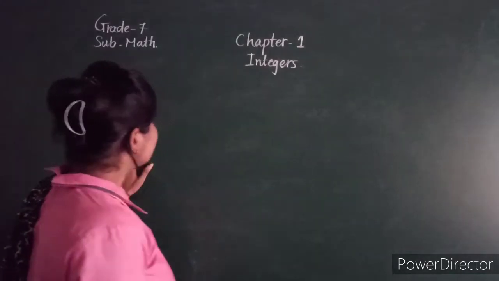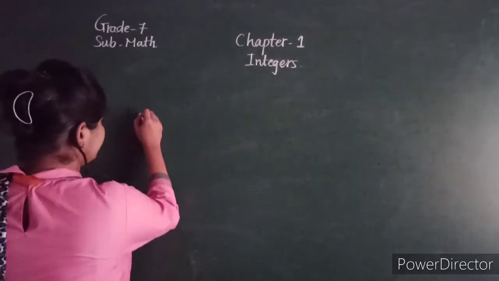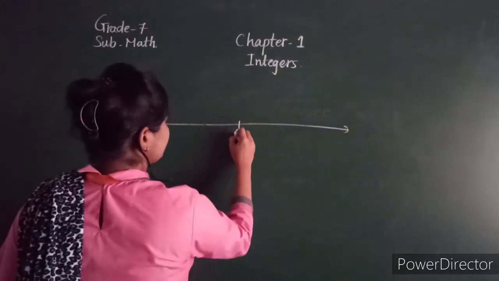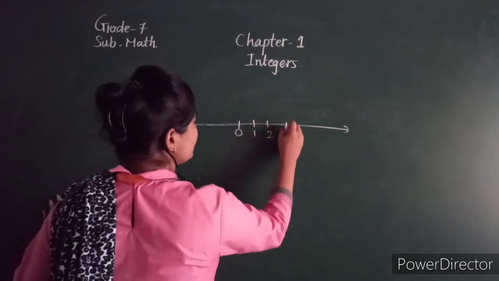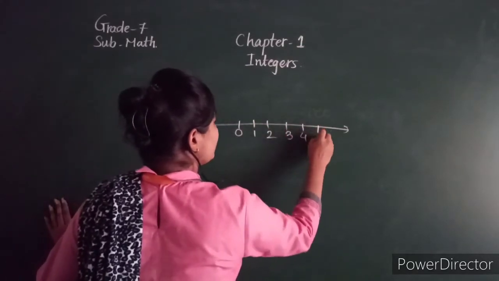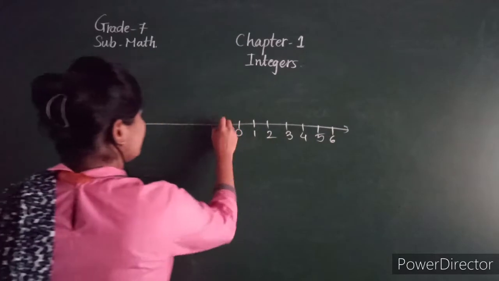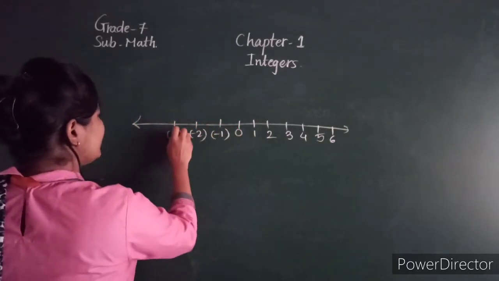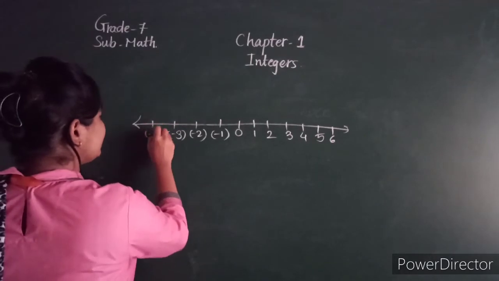Now I will explain some more about the number line. So this is a number line: 0, 1, 2, 3, 4, 5 and 6, and -1, -2, -3, -4.